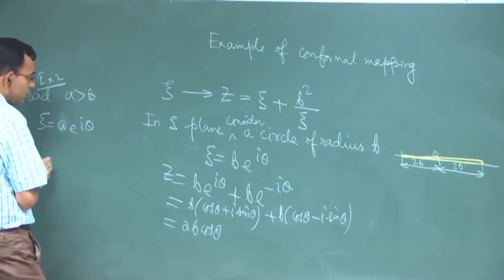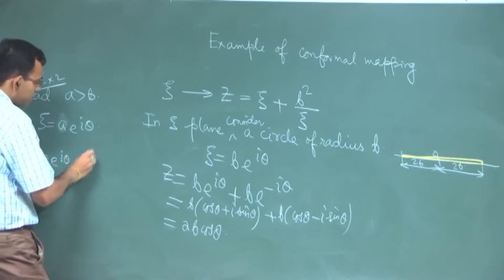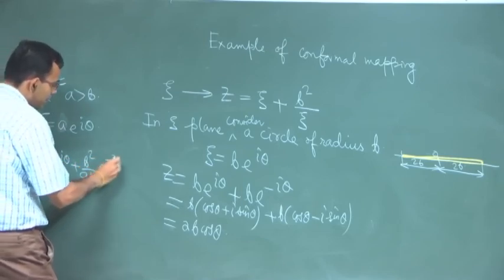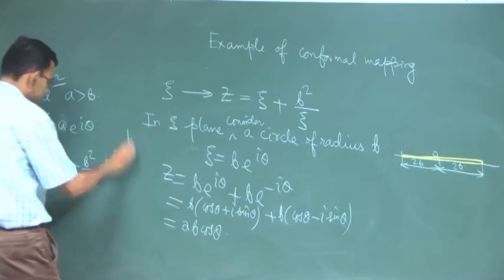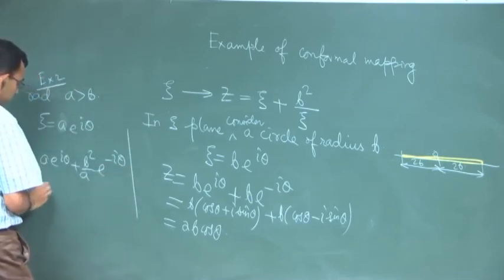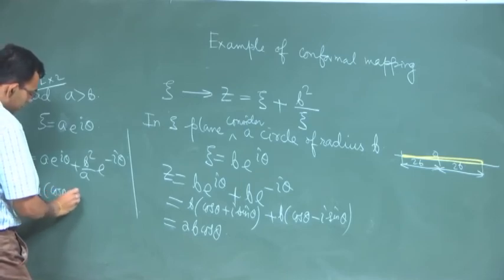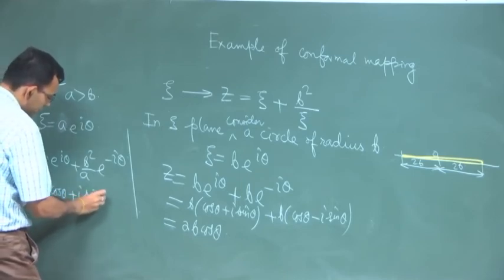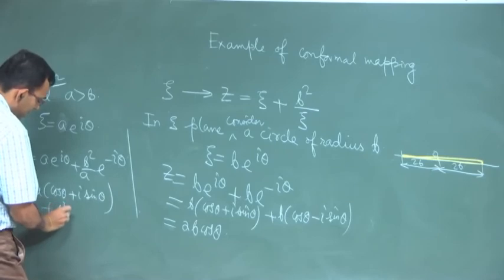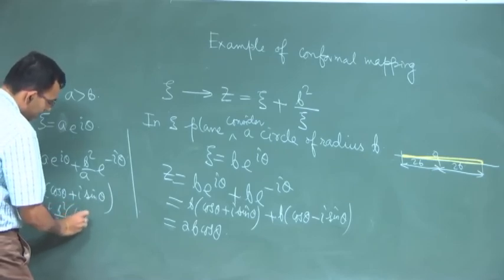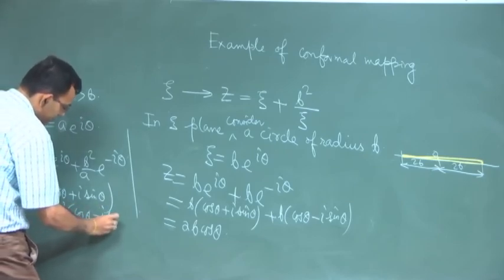So, z is equal to a e to the power i theta plus b square by a e to the power minus i theta. So, a into cos theta plus i sin theta plus b square by a into cos theta minus i sin theta.